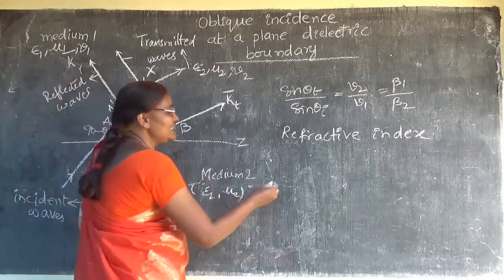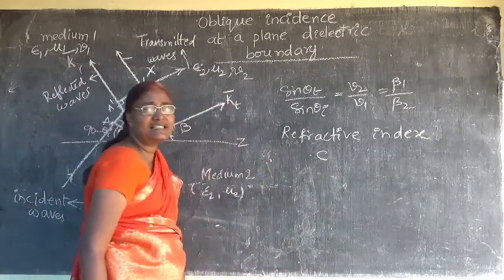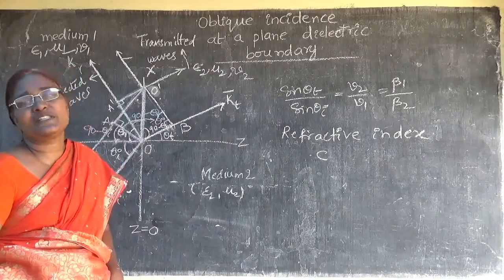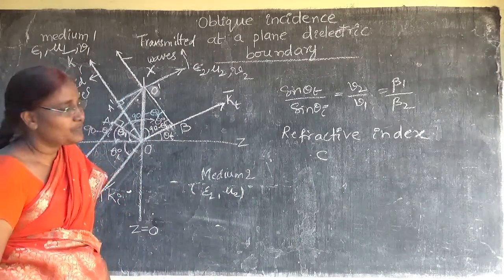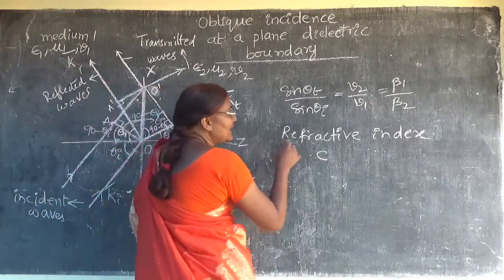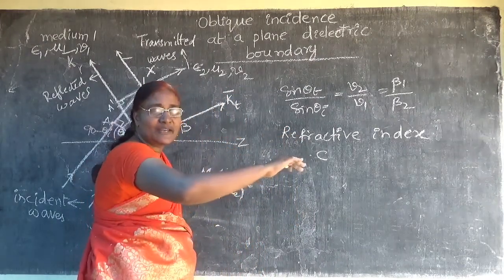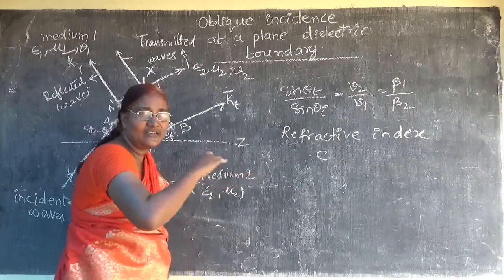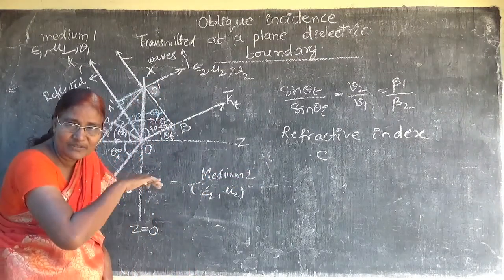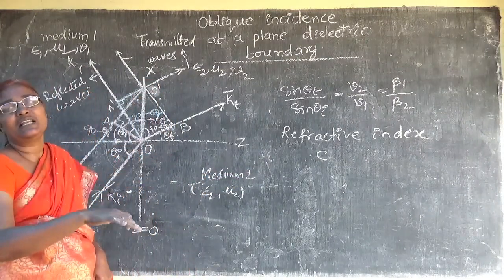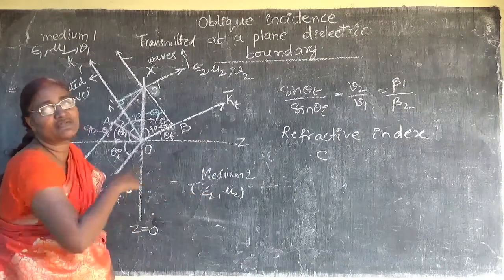It is going to be c. What is c? C is 3 into 10 to the power of 8 meters per second. Adi dani velocity. So if you consider the wave which is traveling in free space, what is its velocity? And if it is traveling in some certain medium, what is its velocity? That ratio will give refractive index.